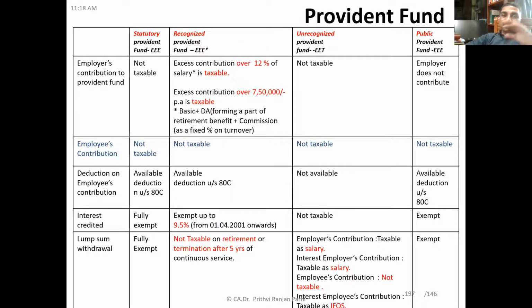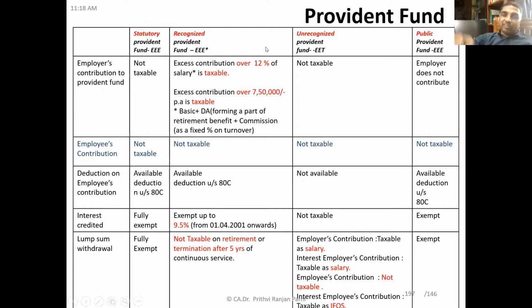Now let us see it from the point of view of income tax. From the income tax point of view, we classify these provisions into 4 categories, as you can see in this table. One is the statutory provident fund, and another is the recognized provident fund. Statutory provident fund means something like government provident fund; I'll explain in detail what that is.